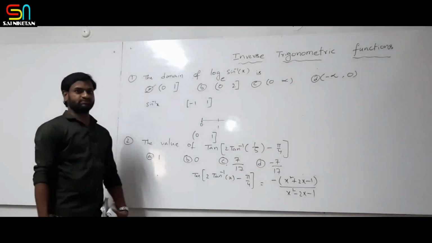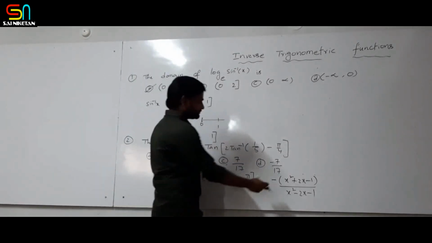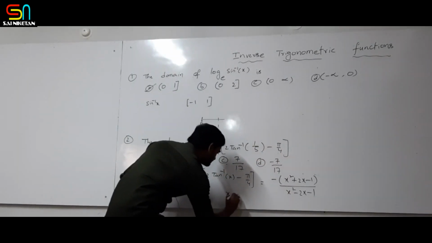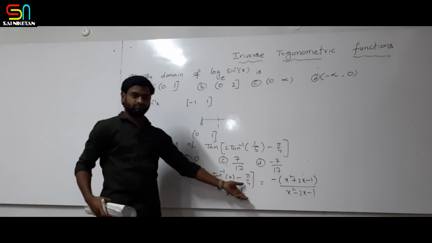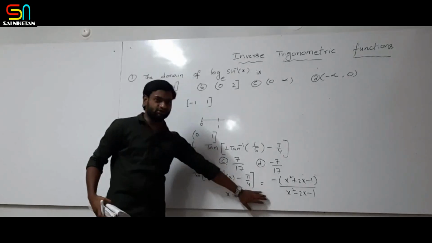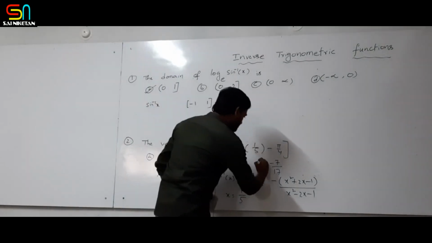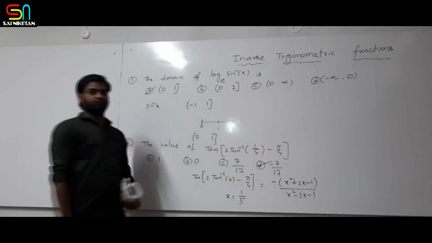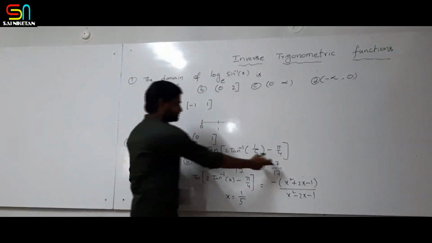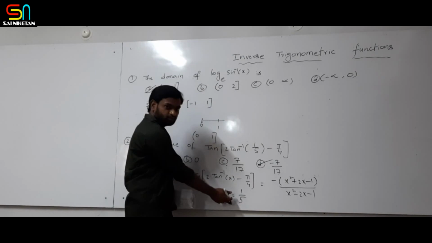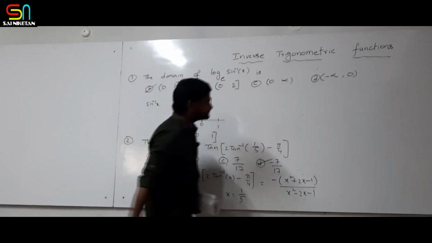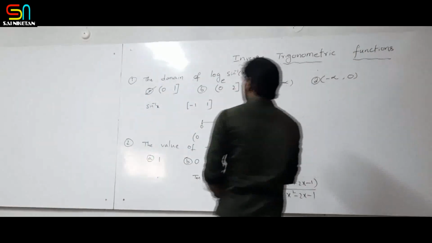What is the x value here? The x value is 1 by 5. Now you can simplify this. All of you know how to simplify. If you simplify, you will get the answer minus 7 by 17, so the answer is D. Now come to another problem.